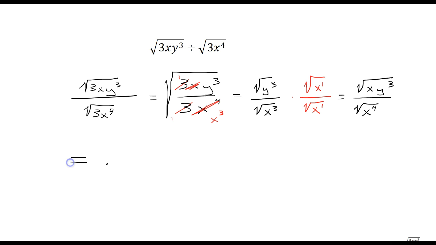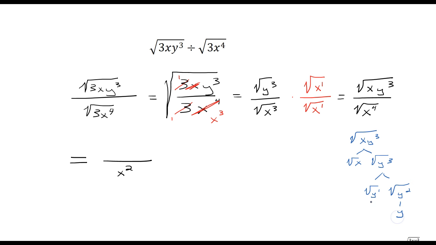So let's carry it on down here. The denominator, the square root of x to the fourth, is x squared. In the numerator, I'm going to need to simplify that. So maybe I'll come over here and do a little bit of cloud work. If I've got the square root of xy cubed, I split them apart, give each its own radical. This guy, I need to break one off because it has an odd exponent.